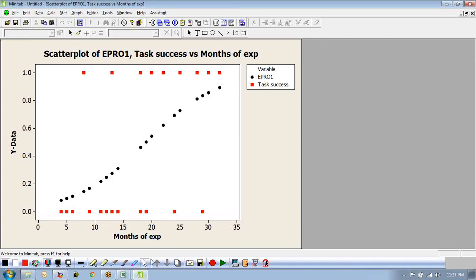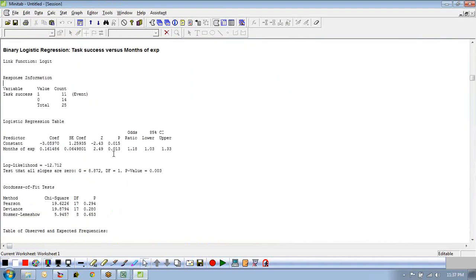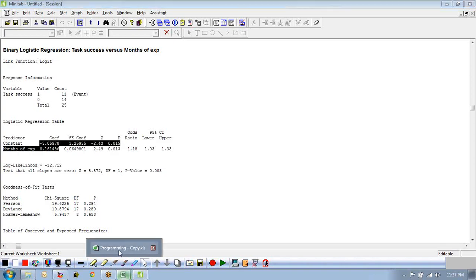Okay. Now let me just show you what I did. I did a little of the math for you, and we're going to use this to check Minitab, and I'll show you how to make predictions in Minitab. But essentially, I wrote this out and back solved for P, and I'm only going to do it once. So you'll notice that this is minus 3.05 and 0.16.